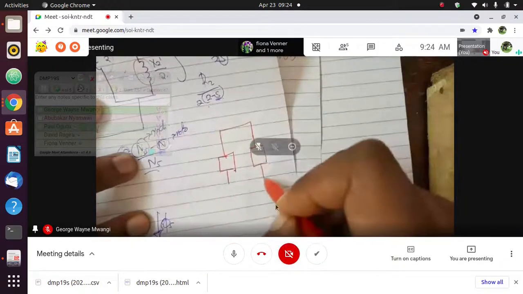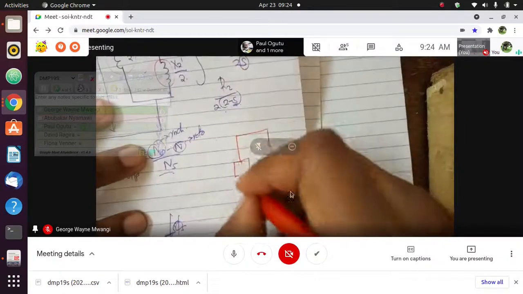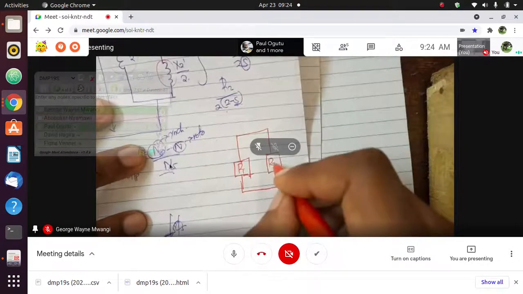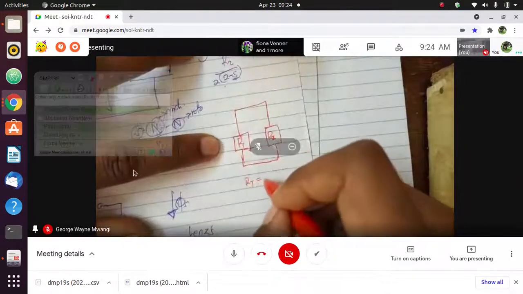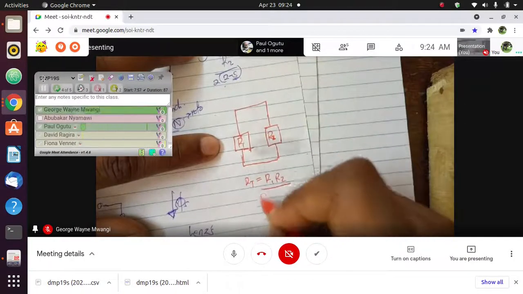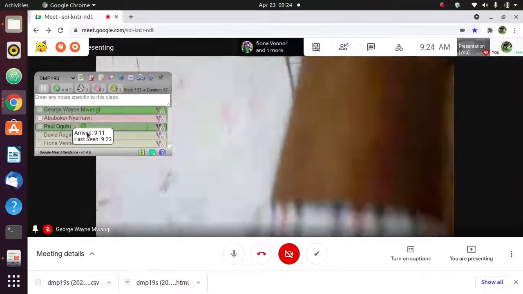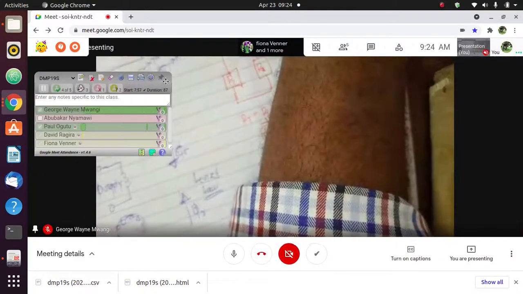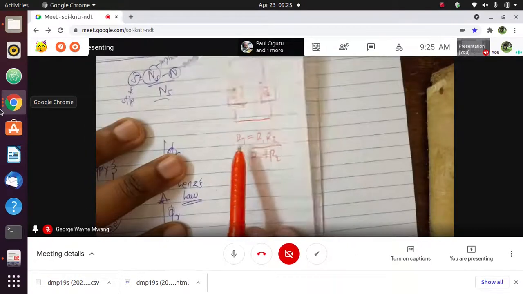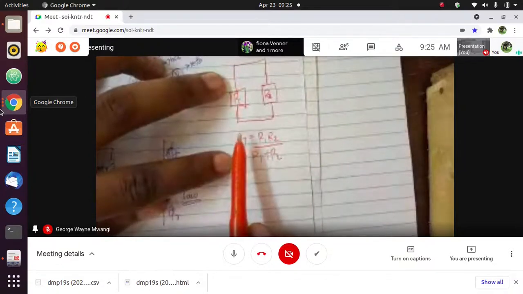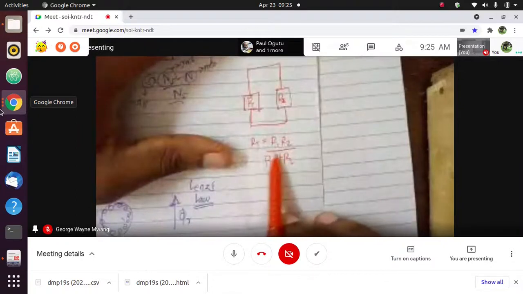When you have two resistors in parallel, R1 and R2, the total resistance is R1 R2 over R1 plus R2. Okay? When you have two resistors in parallel, the total resistance is the product of those resistances over the sum of those resistances.